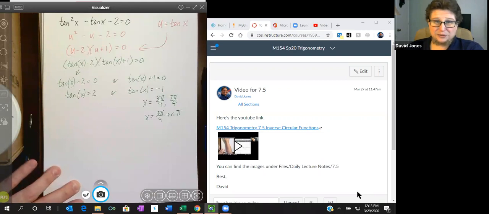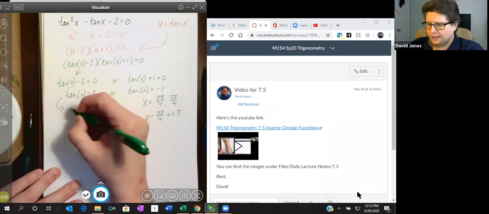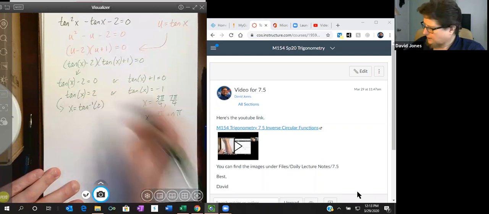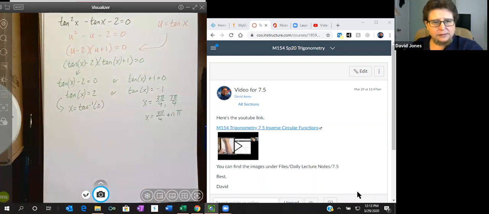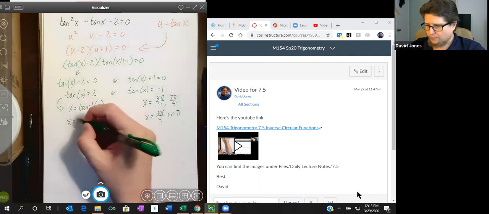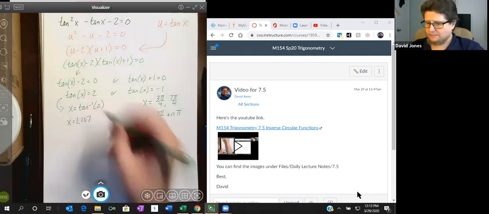Where tangent x equals 2, though, I'm not really sure. This is where our inverse functions come in. We'll say x equals tangent inverse 2. Tangent inverse of 2, and I get x equals 1.107.